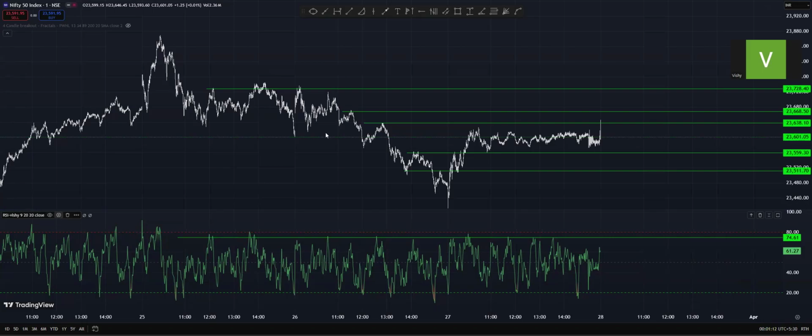the RSI settings. In the last video I could not explain and I forgot about it, so let me go through it now. My RSI settings are a little bit different.